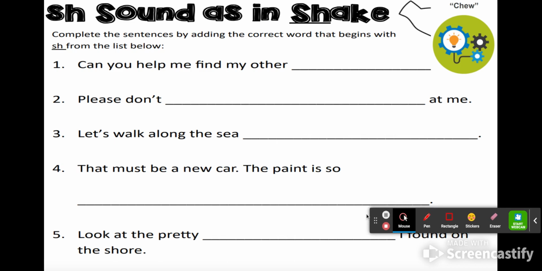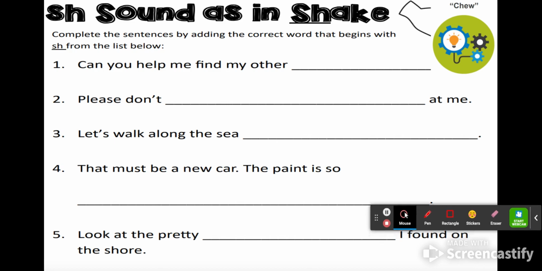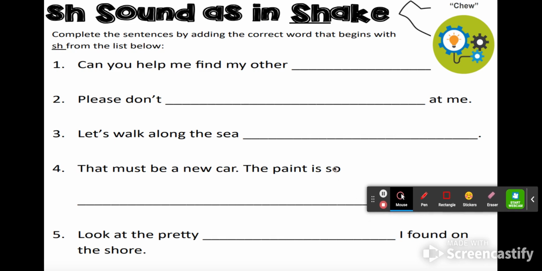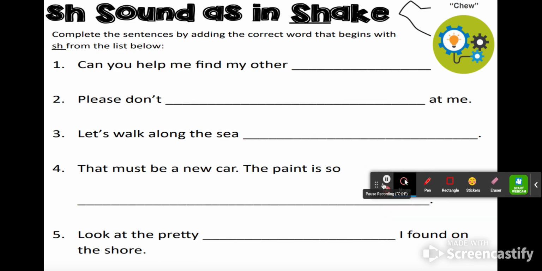Fill in that blank. Number 4, that must be a new car. That paint is so... Fill in the blank. Number 5, look at the pretty I found on the shore. So fill in those blanks, all right?